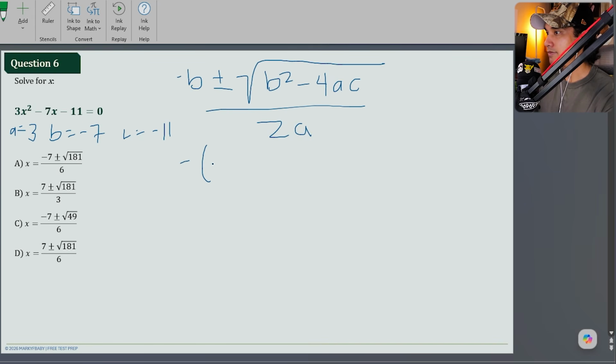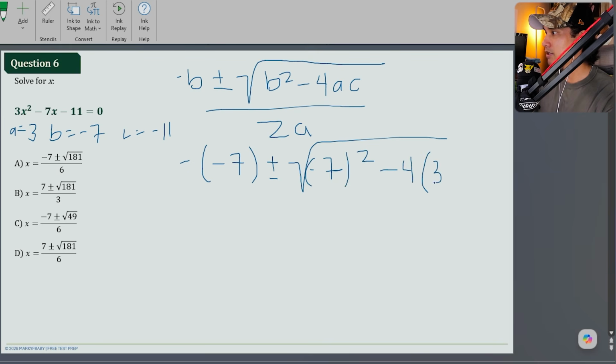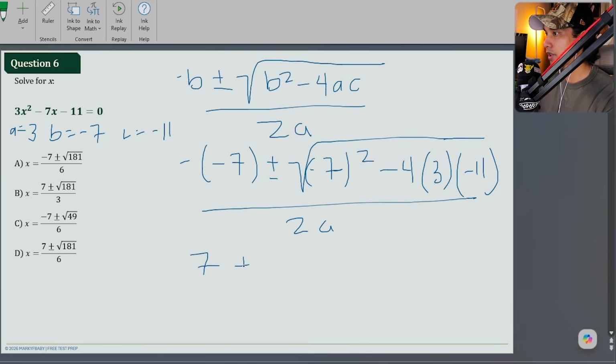Negative 7, it's negative 7, but it doesn't matter because we're going to square it. Minus 4, A is 3, and C is negative 11, everything over 2A.